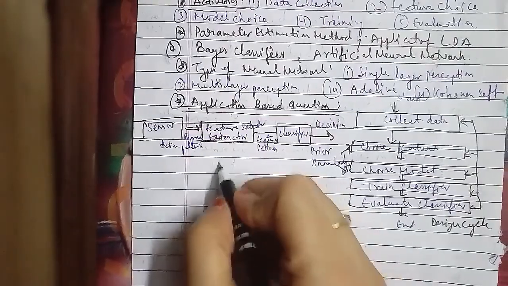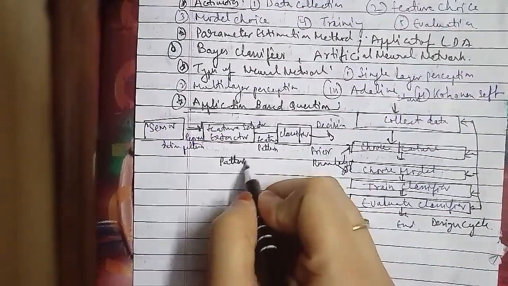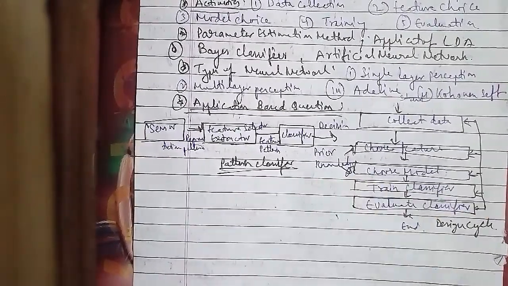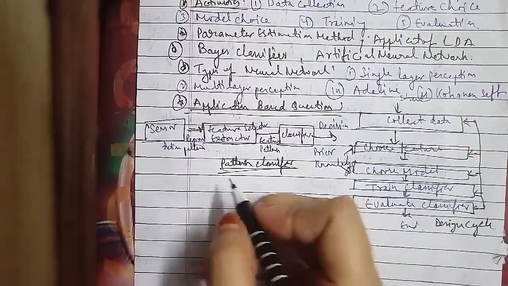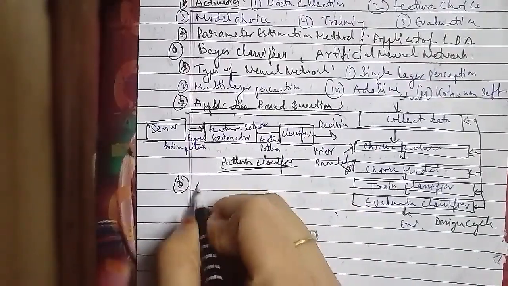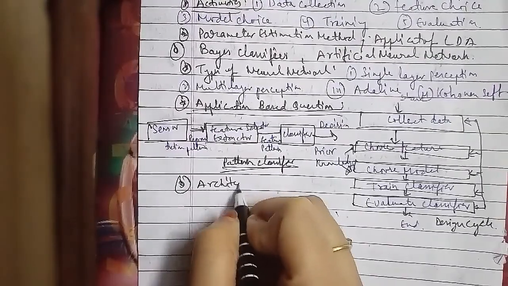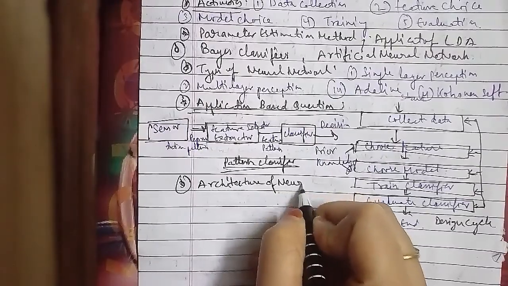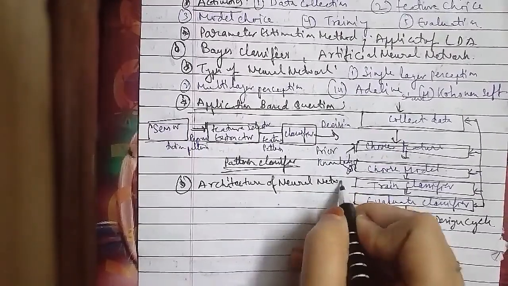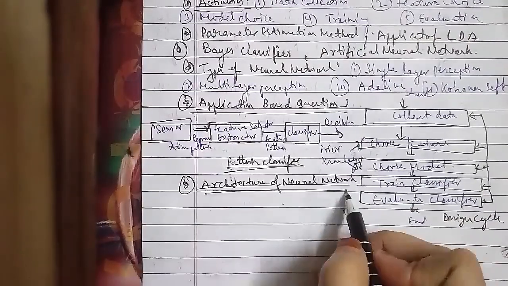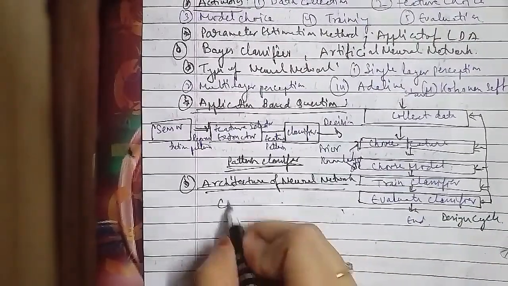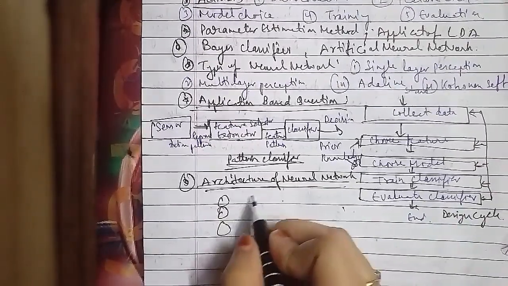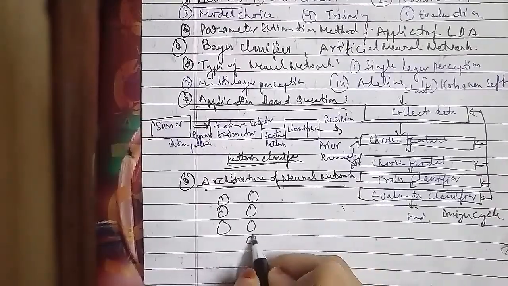Now we'll go ahead to discuss the architecture of a neural network. In the architecture of a neural network, we have this as the output, this is hidden, and this is the input.